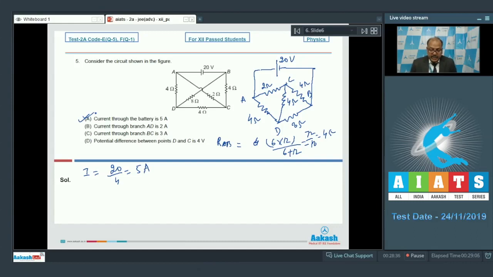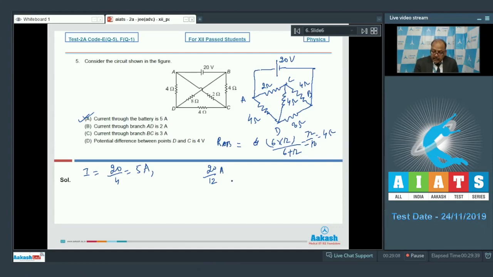Let's look at other options. It says the current through branch AD is 2 ampere. Well, the current through AD will be the same as the current through DB, because there is no current in DC, it being a balanced Wheatstone bridge. So the current through AD will be equal to 20 divided by 12 ampere, which clearly does not match with B. So B is incorrect.